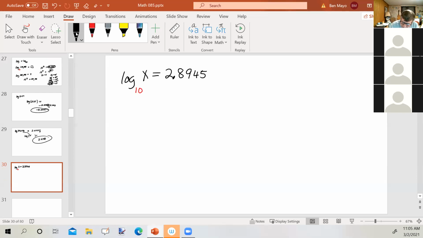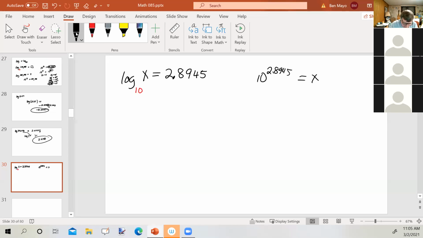So rewriting this as an exponential equation, it would be 10 to the 2.8945 power equals x. On my calculator, there's a couple of different ways I can put this in.